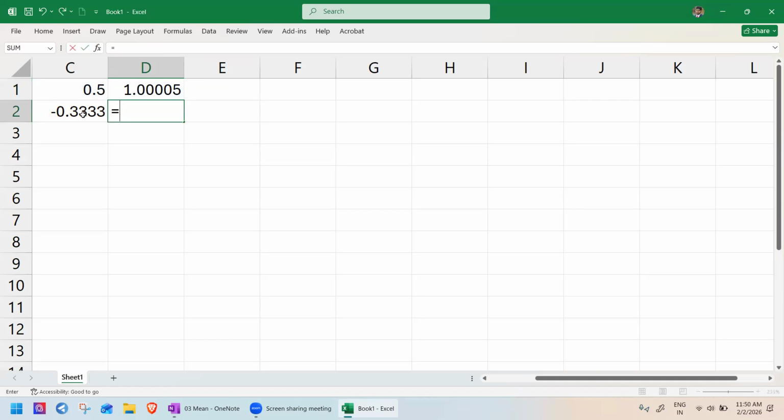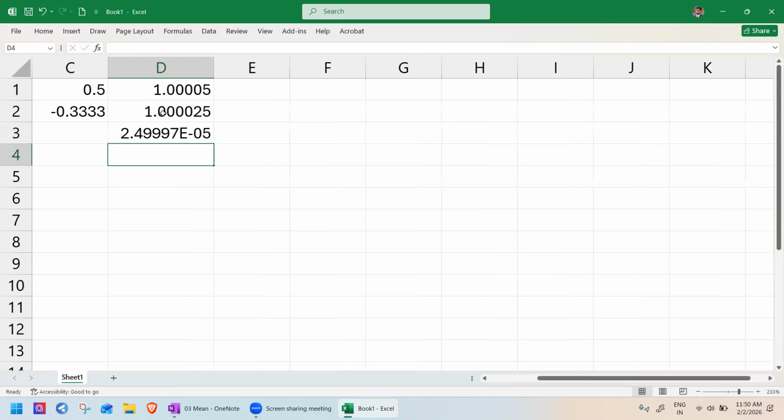And then we take the square root of this value, 1.0, then minus 1. So almost it is 0, 0, 0, 0, like that.